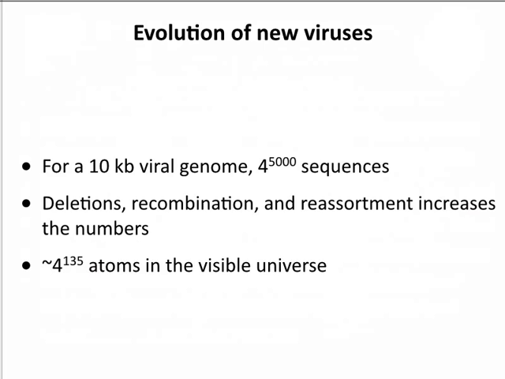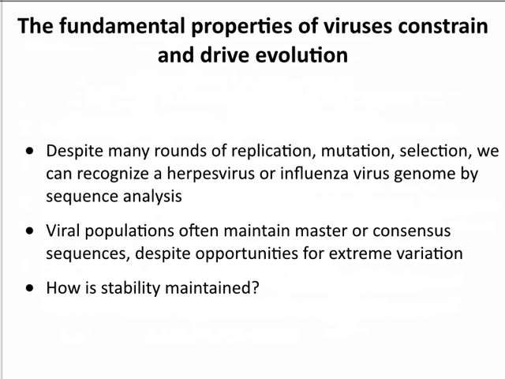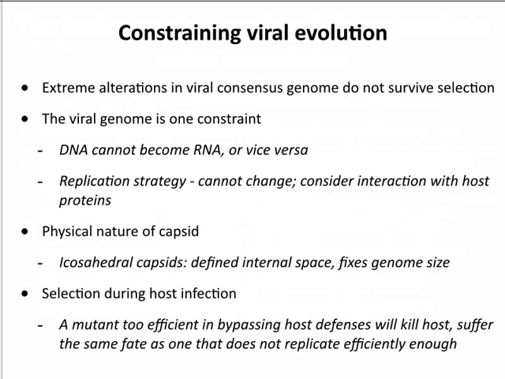There are some constraints on virus evolution. So for example, an influenza virus is always going to probably look like an influenza virus. It's not going to change to get an icosahedral capsid. A DNA virus will probably always remain a DNA virus, and so forth. So there are constraints on genomes that restrict the kinds of evolution that can take place. So the genome is a constraint, as I've said.